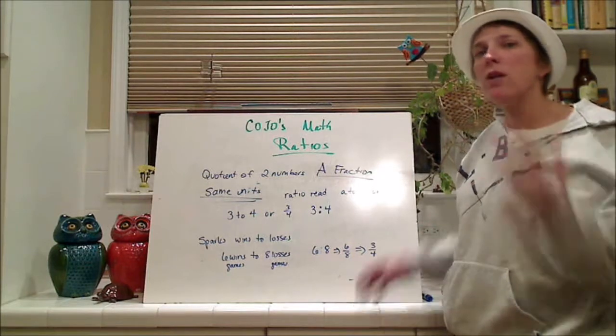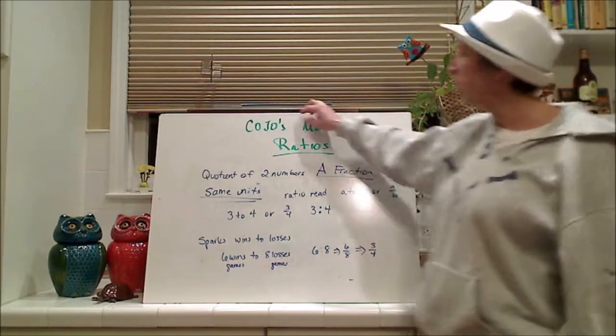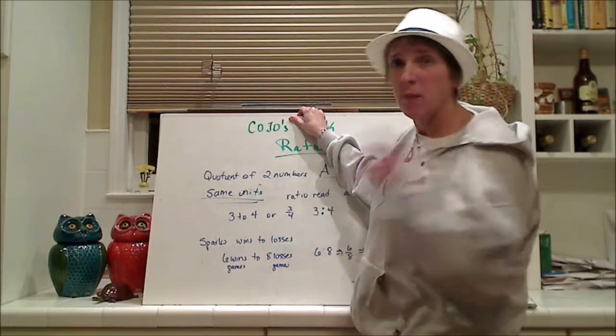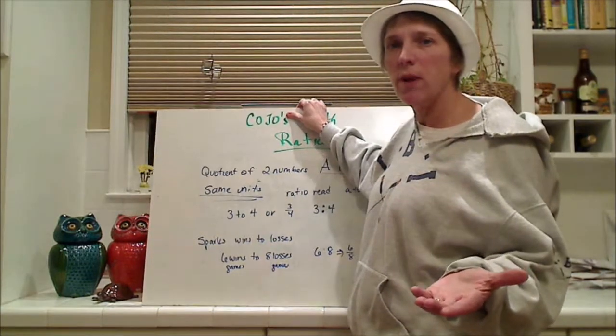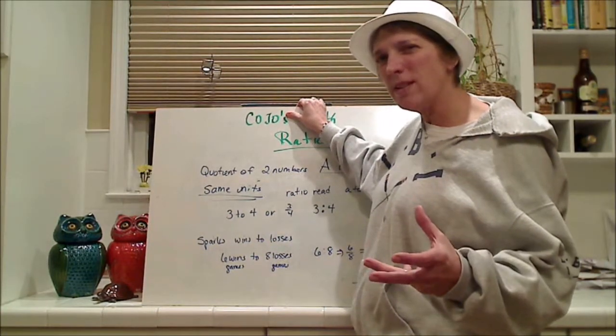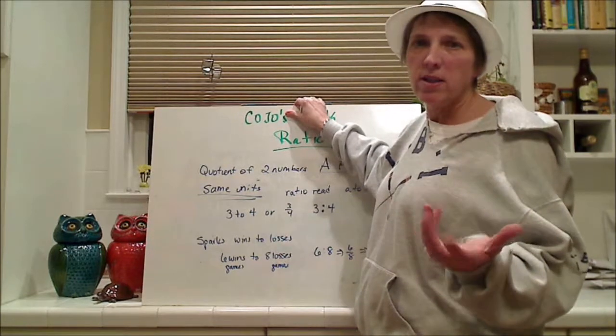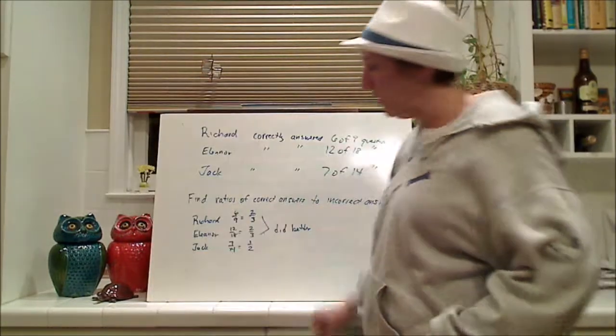So a ratio is a comparison of data, and the units have to be the same. Remember that, because sometimes you're given information where the units aren't quite the same yet, but you just have to make a simple change and you can get it to be that way.